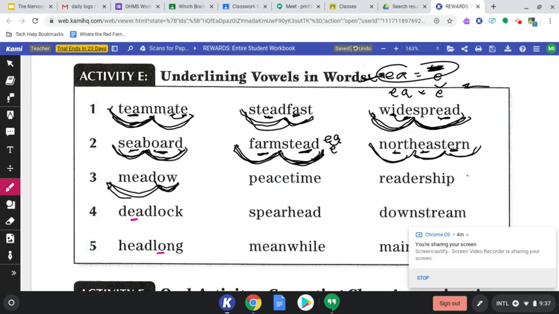Remember, each one of these loops is going to have at least one vowel in it. Okay? Remember this OW? We're going to try that long O first. Mead O? Med O. Short E. Meadow.